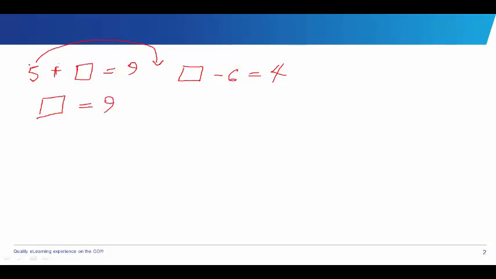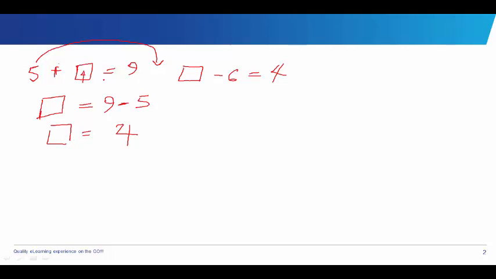Whenever you move a number to this other side, it becomes minus. So when it becomes minus, now we have 9 minus 5 will give us 4. So the box automatically becomes 4.